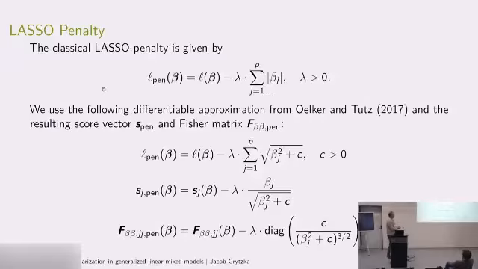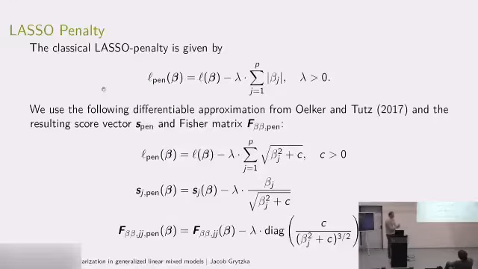As I said, we want to use the LASSO penalty as well, or we want to use regularization. At the moment, we use the LASSO penalty, but we don't use the classical LASSO. Instead, we use an approximation which is differentiable. So we have this square root of beta squared plus c, and c is a very small but positive number.